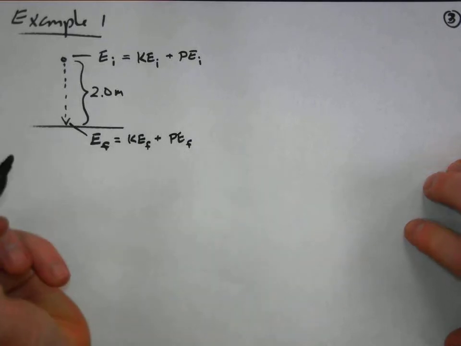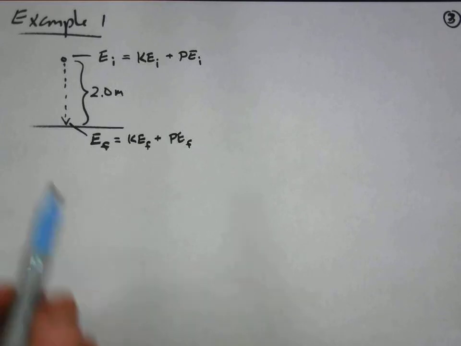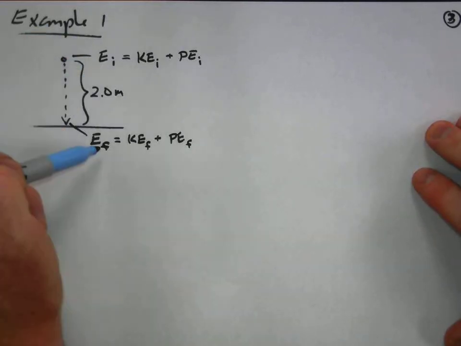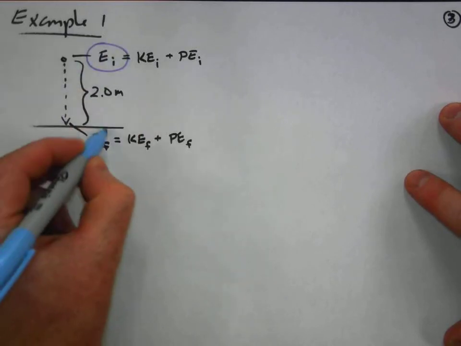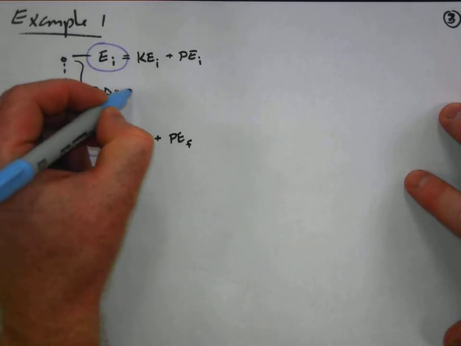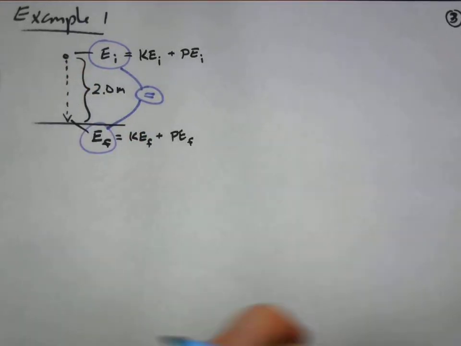So here's the kicker. When we say that energy is conserved, what we're saying is that the total is unchanged. So from initial to final, there is no difference. Those are the same. So I can say that they are equal. That and that are equal.